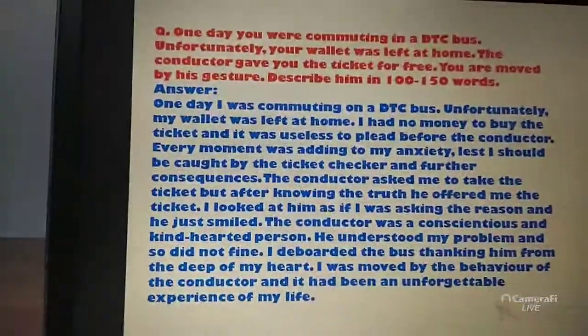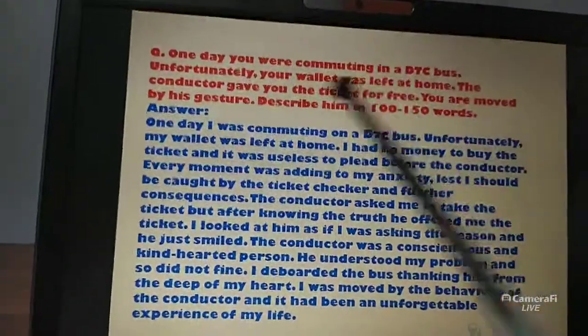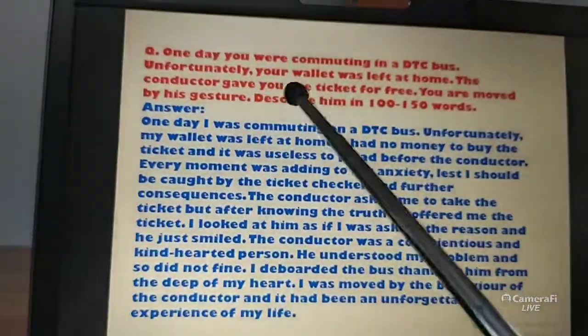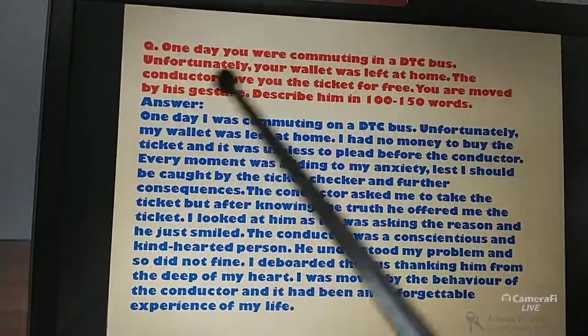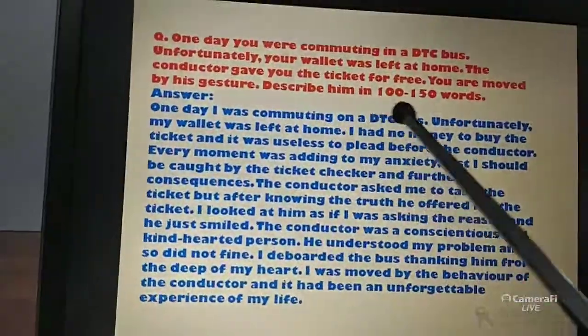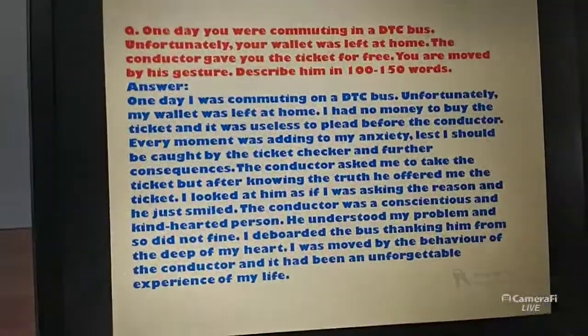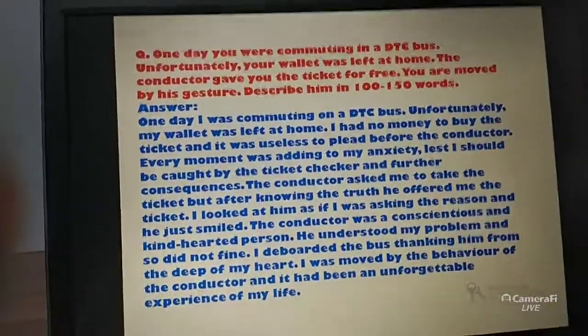The next question is, one day you were commuting in a DTC bus. Unfortunately, your wallet was left at home. The conductor gave you the ticket for free. You were moved by his gesture. Describe him in 100 to 150 words. Imagine the situation given. You are moving in a government bus.